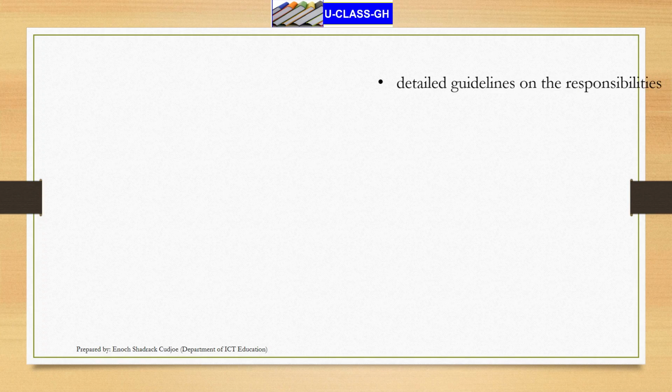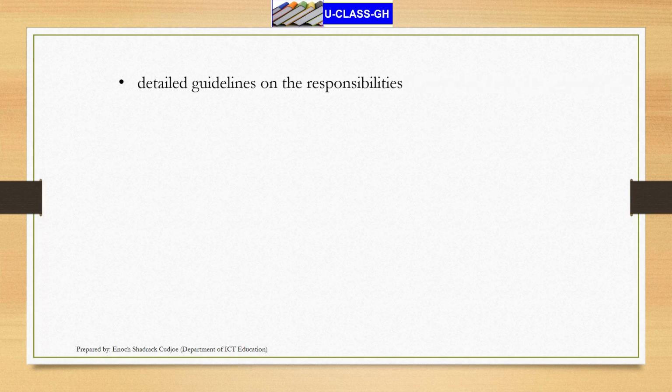The next thing is detailed guidelines for responsibilities. It is vital to provide detailed guidelines on the responsibilities of each member, as well as a detailed explanation of how groups are to proceed with their tasks.